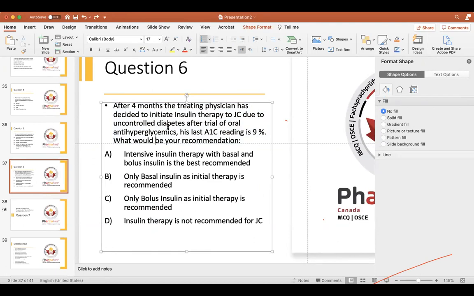He has taken metformin, but the A1C is not moving down. So the recommendation would be: intensive insulin therapy with basal and bolus insulin is the best recommended, or only basal insulin as initial therapy is recommended, or only bolus insulin as initial therapy is recommended, or insulin therapy is not recommended for JC.